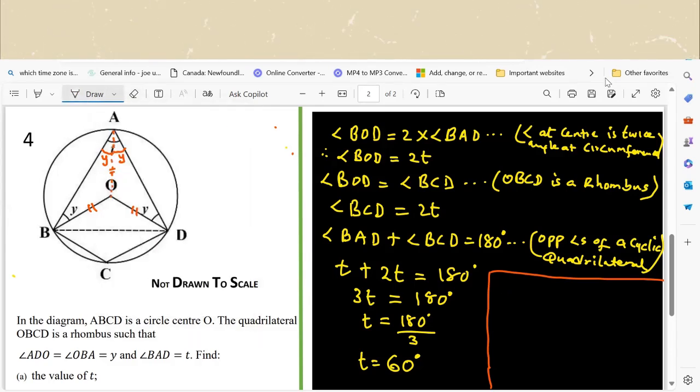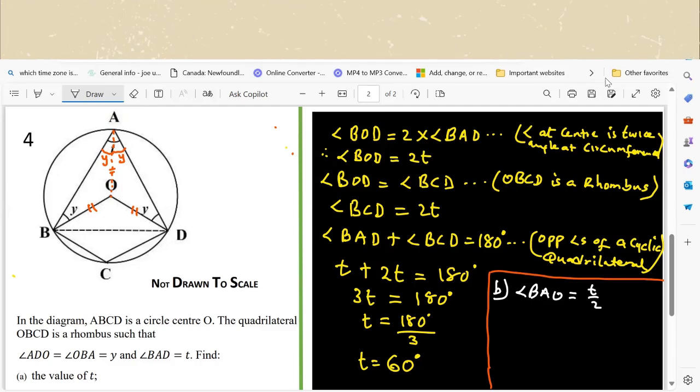For the B part now, angle BAO is equal to T over 2, and being T over 2 is also equal to Y, base angle of an isosceles triangle.